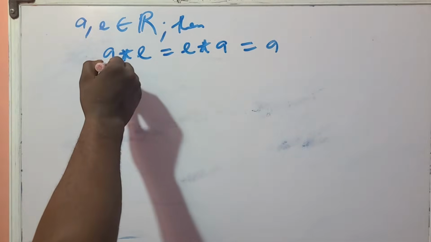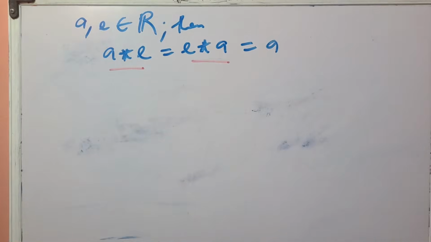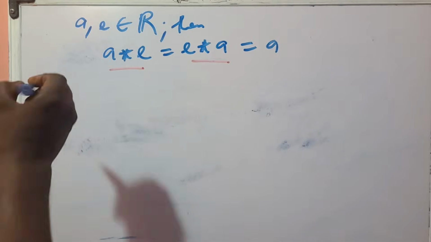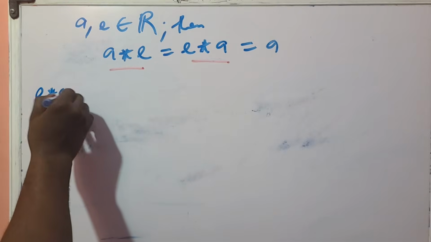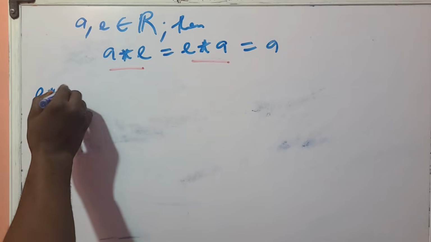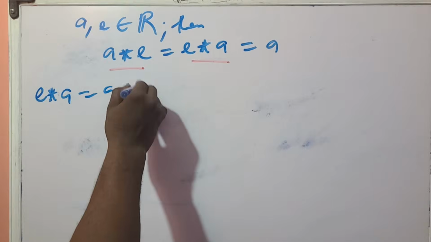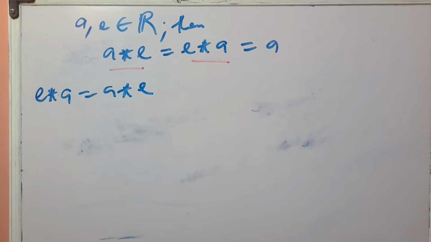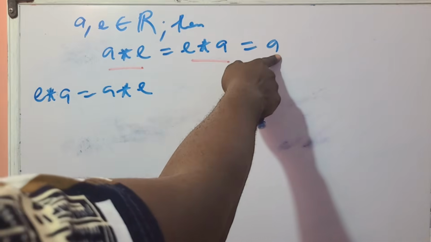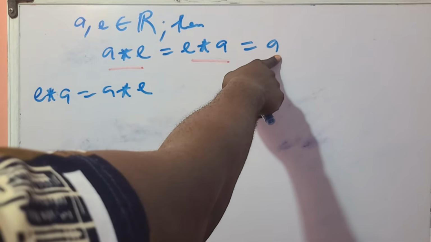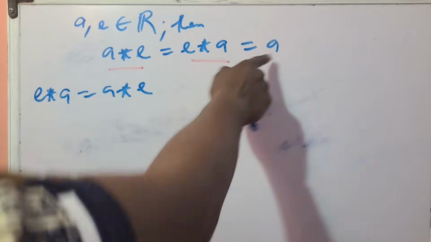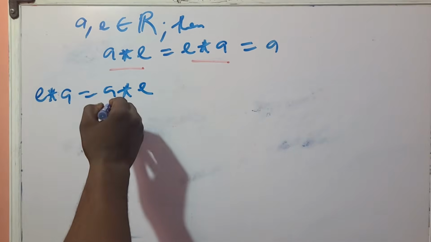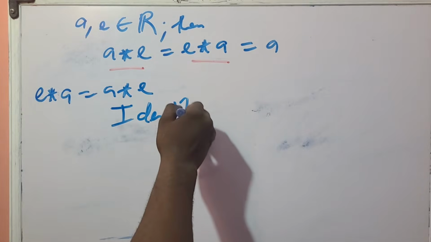Now, if they stopped here, if they just wrote A star E equals to E star A, this will be the perfect definition of commutative property. But they went on to tell you that at the end of all these things, you still got your element back, your A back. This is the definition of what we call identity property. Identity.